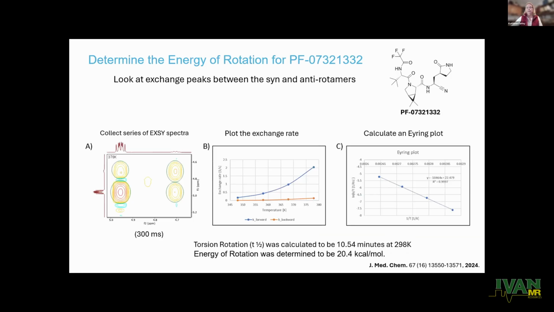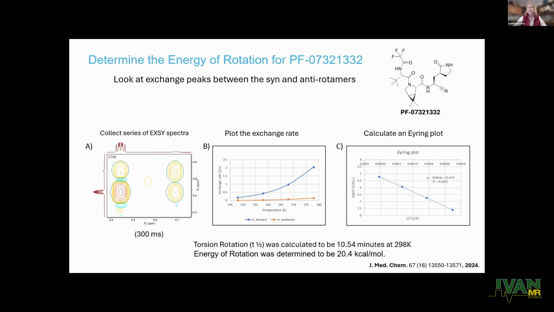Something during the development of this team that we looked at quite a bit was this energy of rotation around this amide bond. And we could do this by collecting variable temperature spectra on our compounds. And we could do this as part of our routine NMR data collection. So, earlier in ASV, we talked about wanting the proton, the HSQC, HMBC, or carbon.